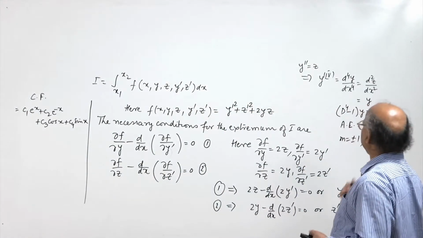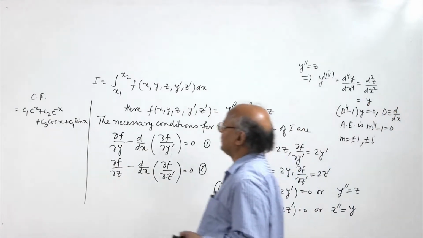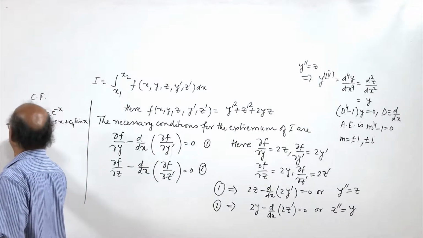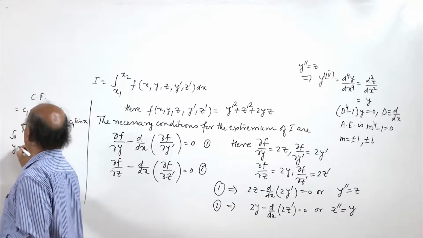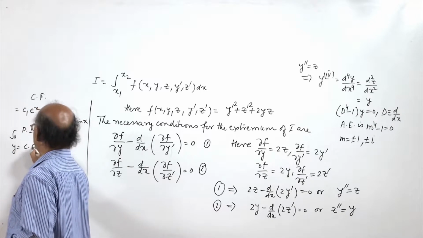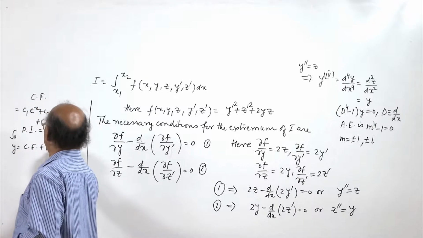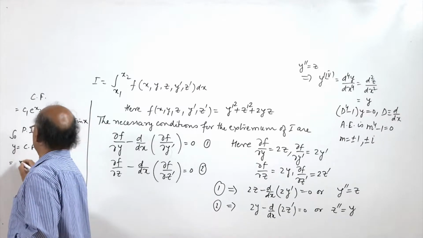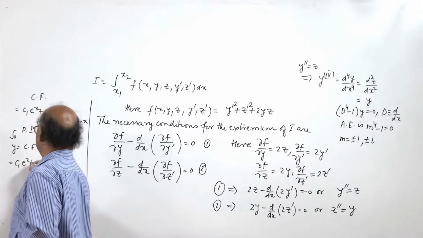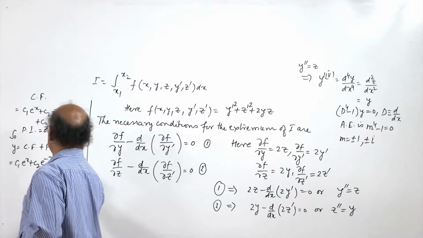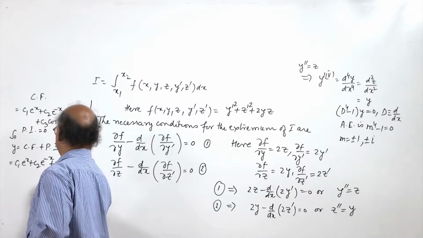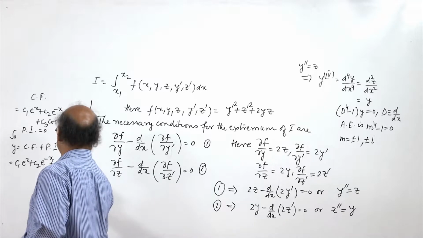Okay, now the particular integral is 0 because the right hand side is 0, so y is equal to complementary function plus particular integral, which is equal to c1 e to the power x plus c2 e to the power minus x plus c3 cos x plus c4 sin x.